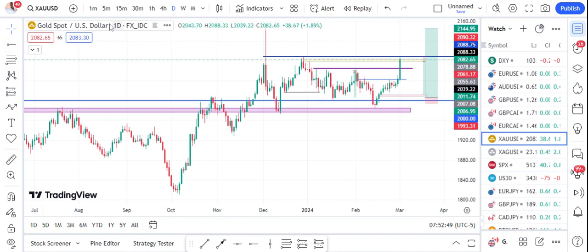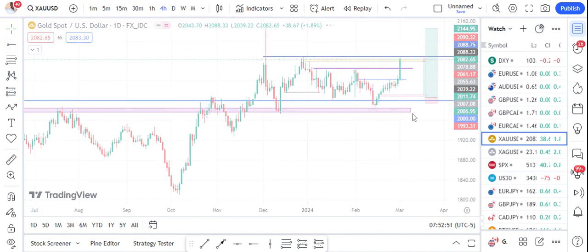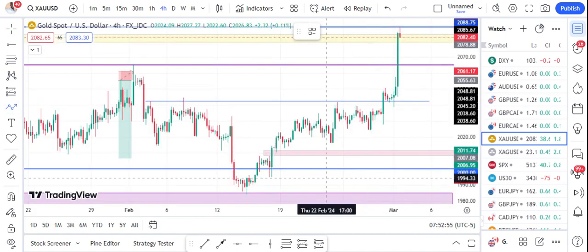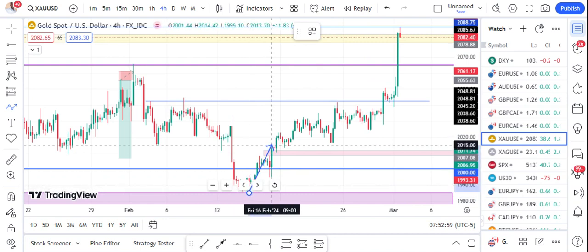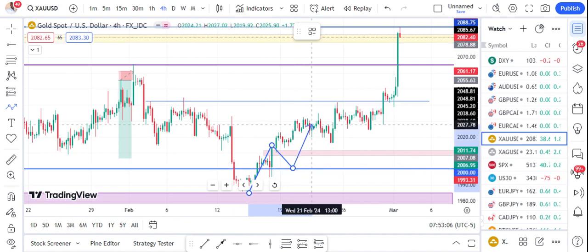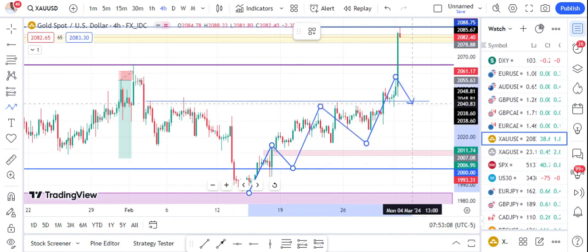But before then, earlier before all these up moves started, I was like, okay, price can just do something like this and test this 2,000 level and then go up this way.